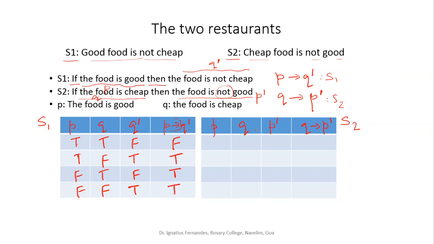The same way, now I write down the truth table for S2. So P and Q, I have T, T, T, F, F, T, and F, F. I write down P bar.